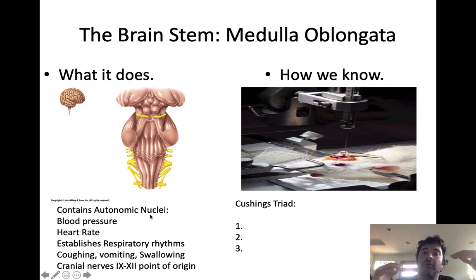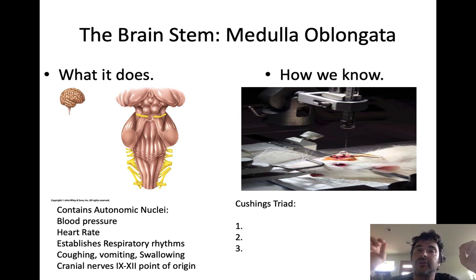That's what we're talking about with autonomic. We're talking about those autonomic/visceral reactions or reflexes that we don't think about at a conscious level, but our body is constantly mediating and paying attention to. And finally, we have respiratory centers. Those are the three major centers in the medulla oblongata I want you to know. Vasomotor centers, which regulate blood pressure, cardiac centers, which regulate heart rate, and respiratory centers, which establish a respiratory rhythm.